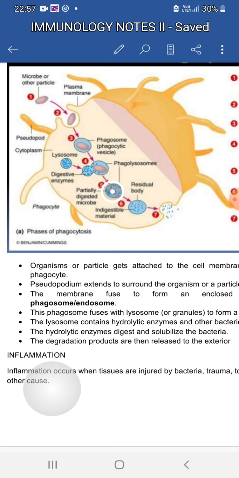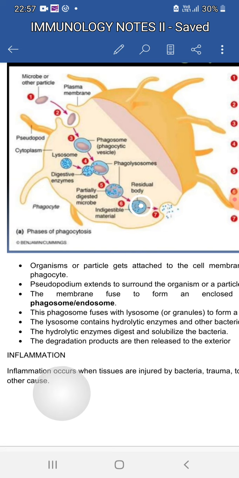But if they are not useful, they are retained and passed out. The useful ones are absorbed into the body cells, and the useless and indigestible materials remain and form what we call the residual body, which is also a small body like the phagosome.